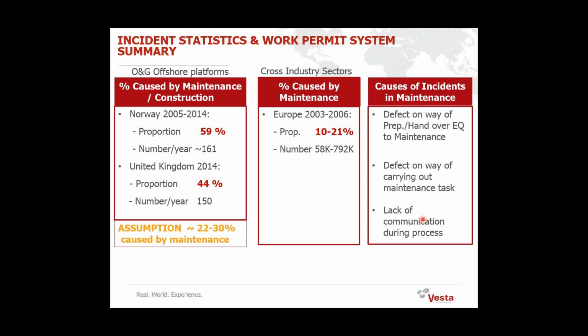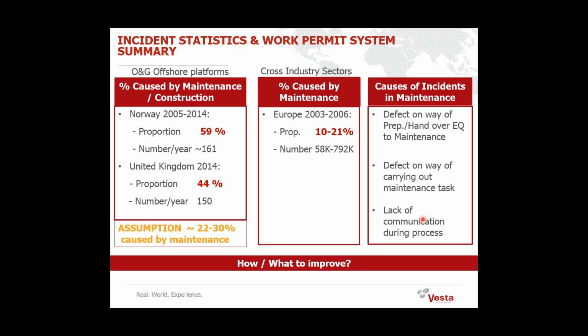And the last one is the lack of communication during the process, and this last one is mostly related to the work permit process. Now, the upcoming question is how to improve and what to improve.